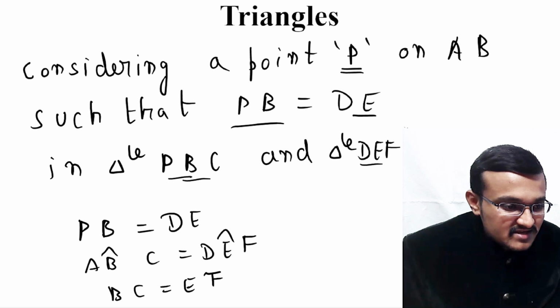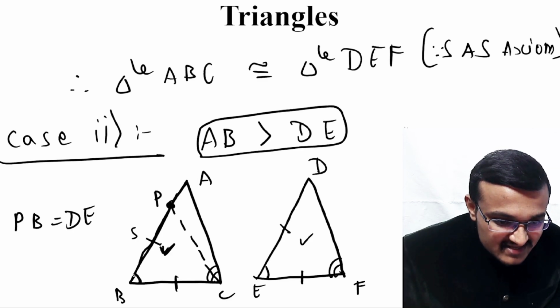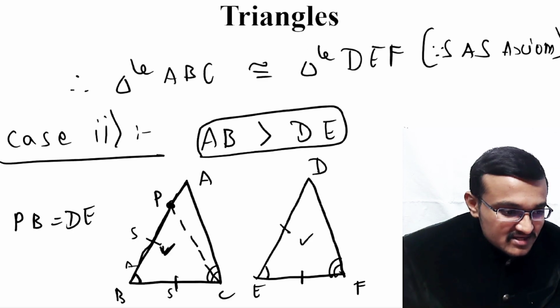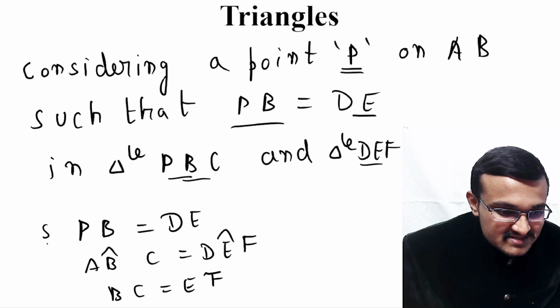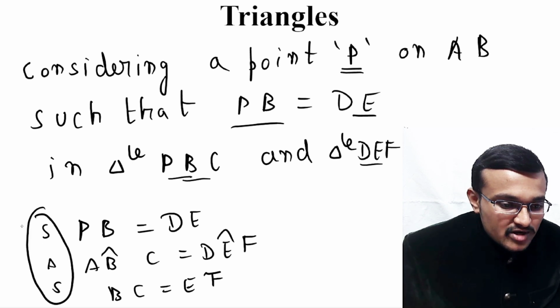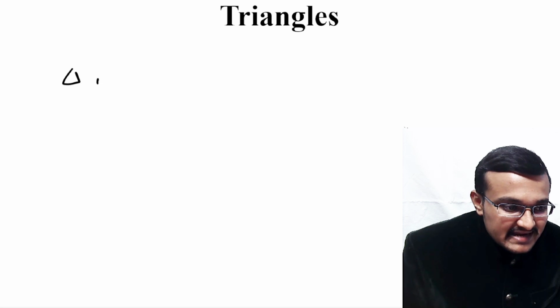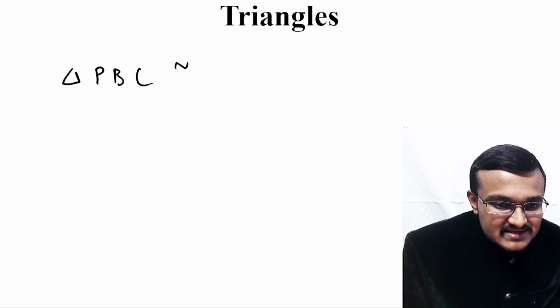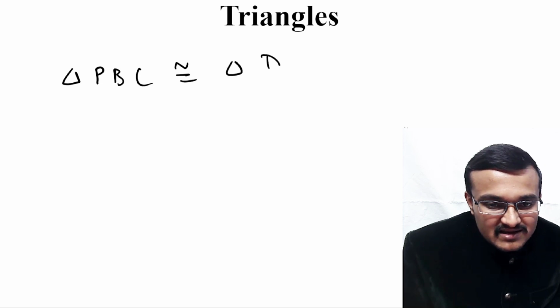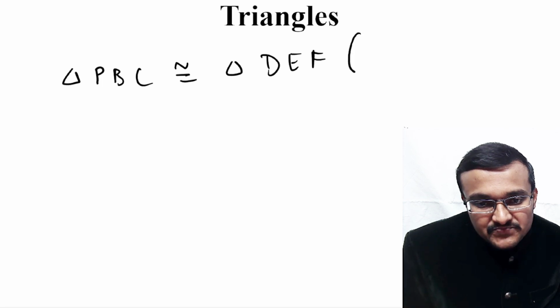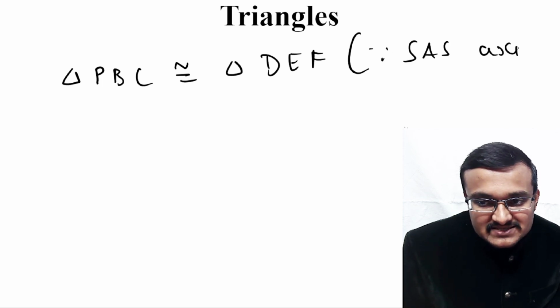So since here we are considering this side, this angle and this side, according to SAS axiom, triangle PBC is congruent with triangle DEF. So this is according to SAS axiom.